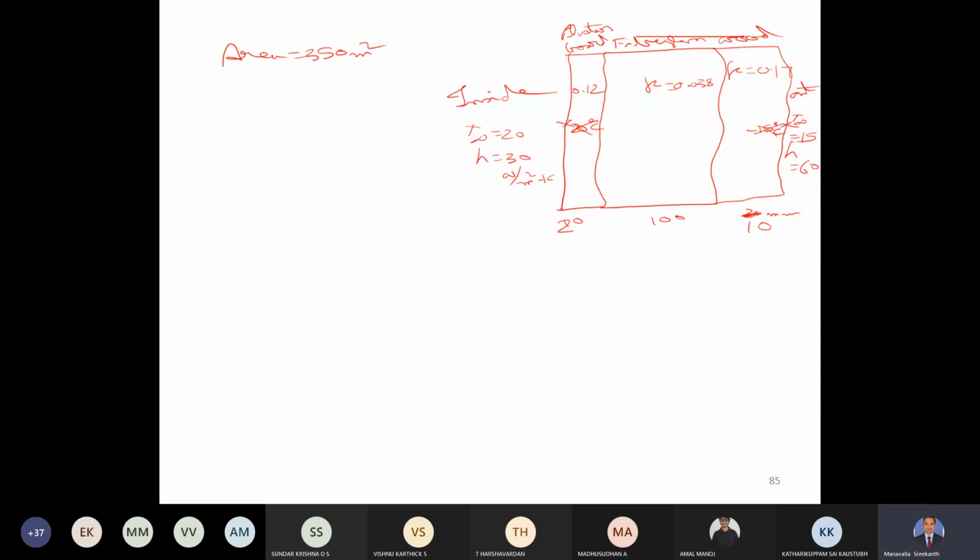Now this is a very straightforward problem from the composite walls concept. If you turn to page number 53 in the data book, you will see an exact situation where you have three materials, and the convection conditions are given on either side.